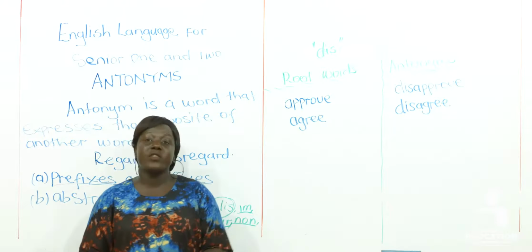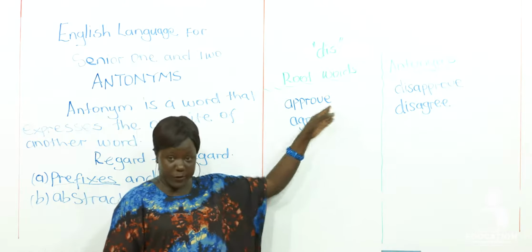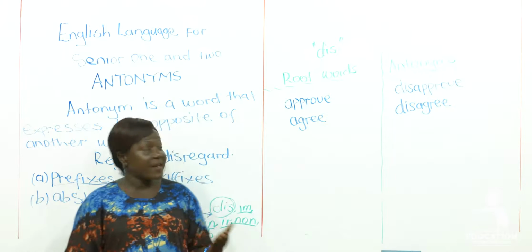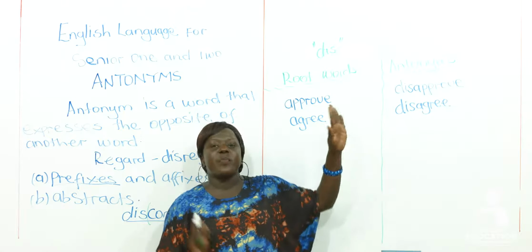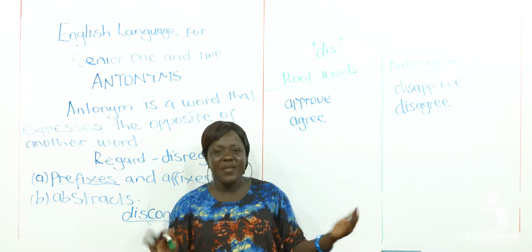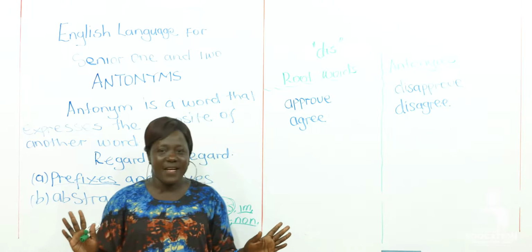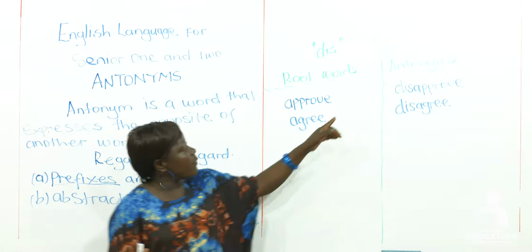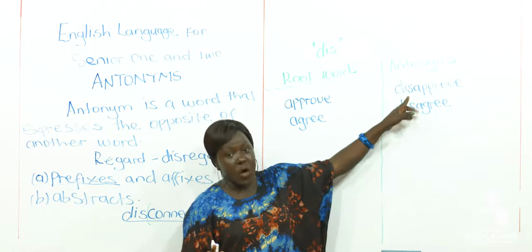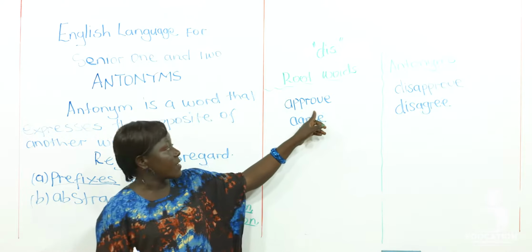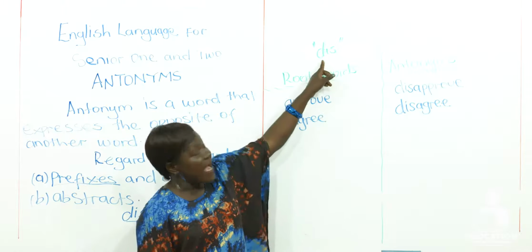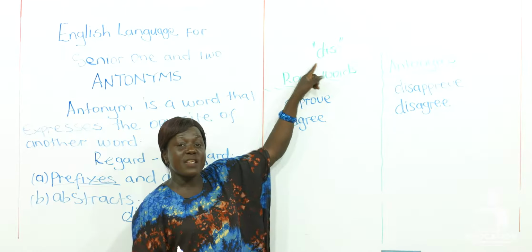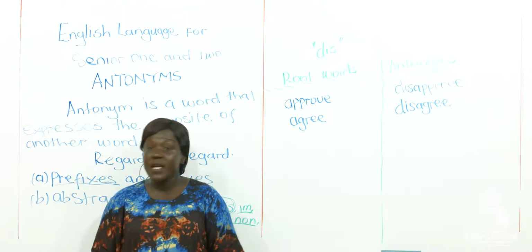But now if you want to say that you are not going to approve the proposal, you will come and say, I will disapprove your proposal because it is not well written.